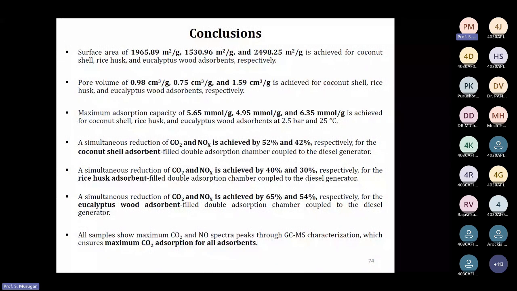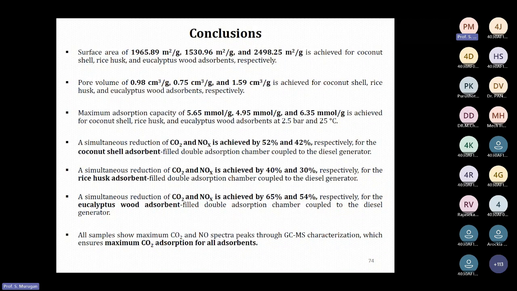All these three were used in a double absorption chamber coupled to a diesel generator. So, maximum CO2 capture you can achieve with all these three samples.